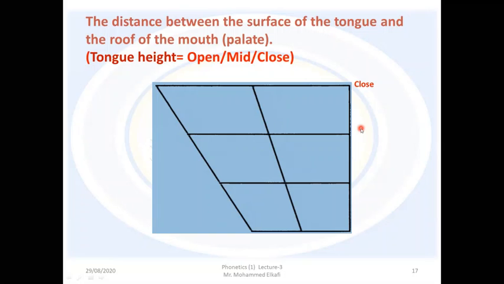You will find some sounds as oo and e when it's close. In case the tongue comes to this area, we'll say it's mid. In the mid area, we'll find a, as in about, and the vowel e, as in bed and head.